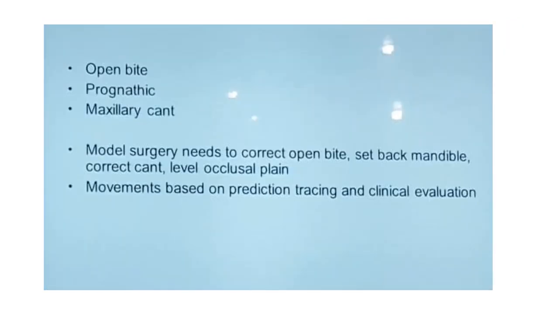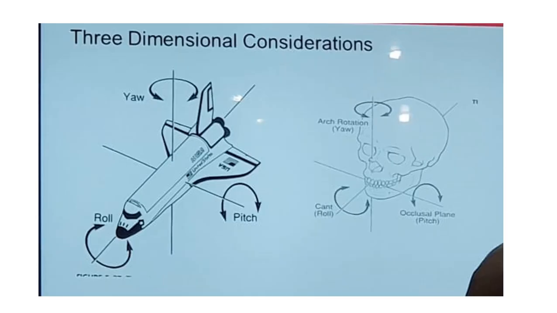And model surgery needs to correct open bite, mandibular setback, and occlusal cant is corrected, and the occlusal plane level is maintained, and movements on the model should be based on the prediction tracing and the clinical evaluation. And while choosing the surgical treatment plan, we should consider the three-dimensional aspect.